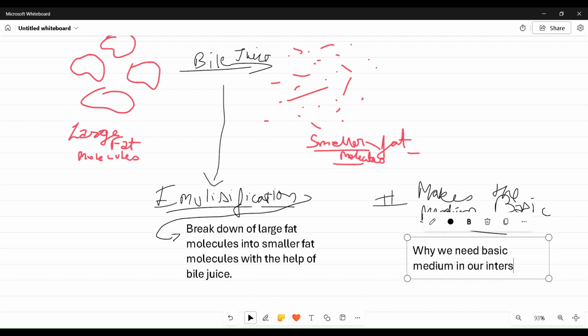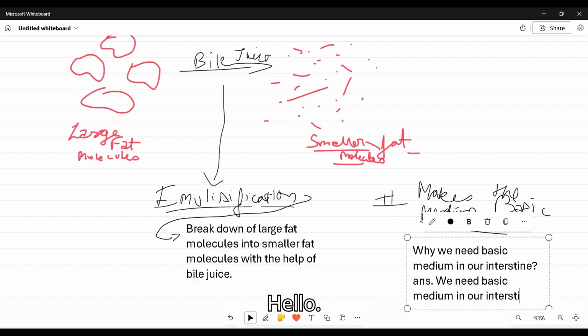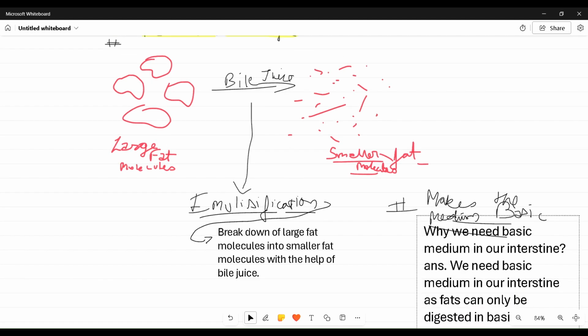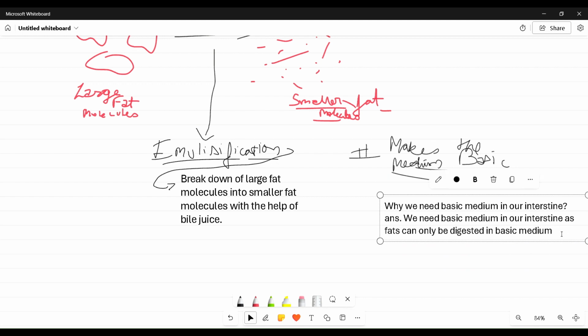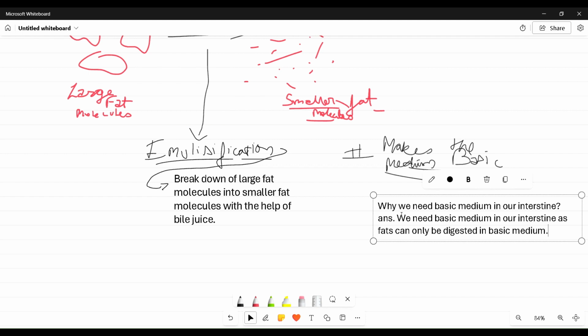There is also this question. The answer is that fats can only be digested in a basic medium.